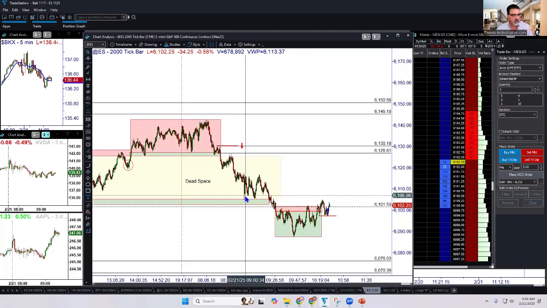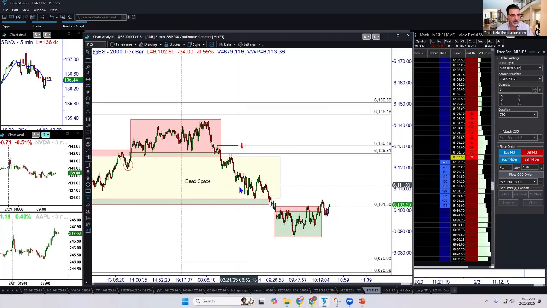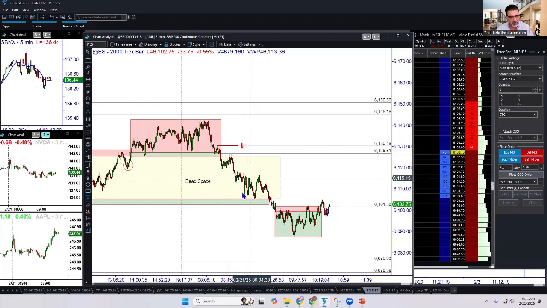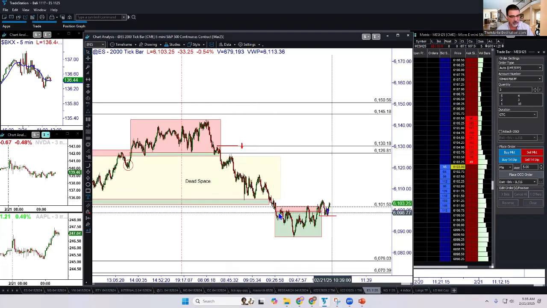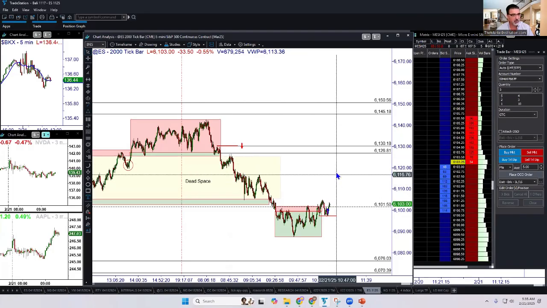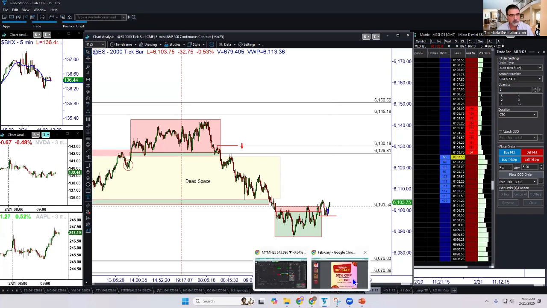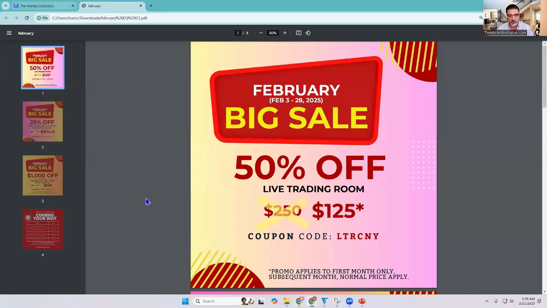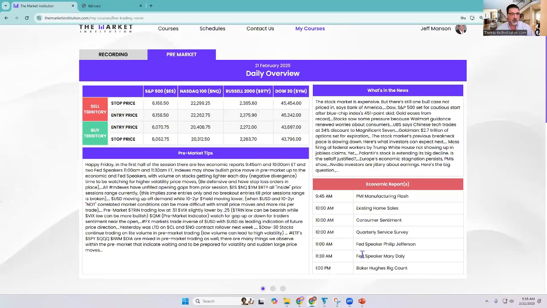In just a small glimpse of what we do in our course material, when we have a choppy, grindy wave move down, we usually have a pretty direct and strong price movement back up. Now, with our pre-market routine information, while we're going through this session, we still have two Fed speakers coming out, which might impact the market.